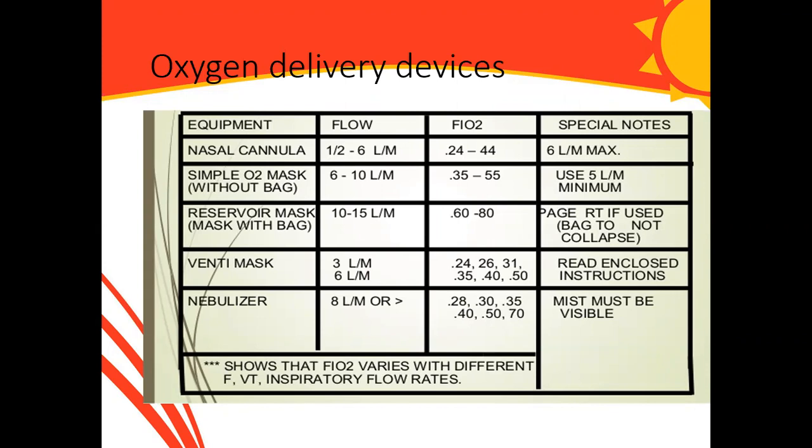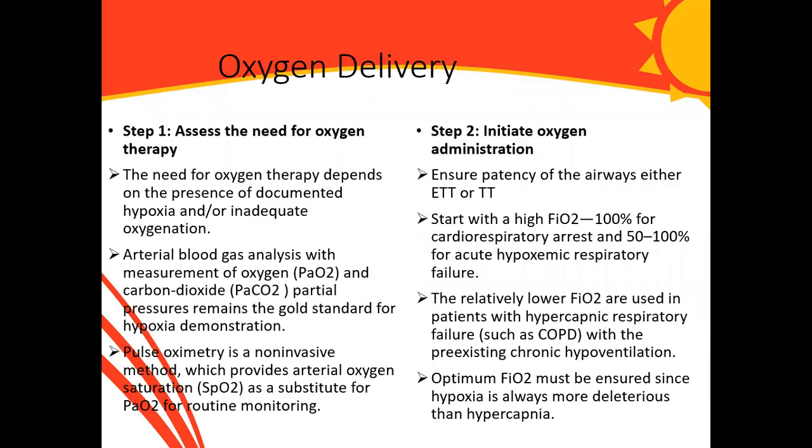So just make sure you familiarize yourself with this table, because it gives you the different flow rates, tidal volume, and specific flow rates of the different oxygen delivery devices. Yeah, it's important. Let's come to practical steps.